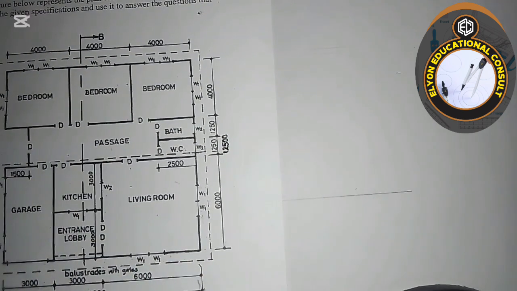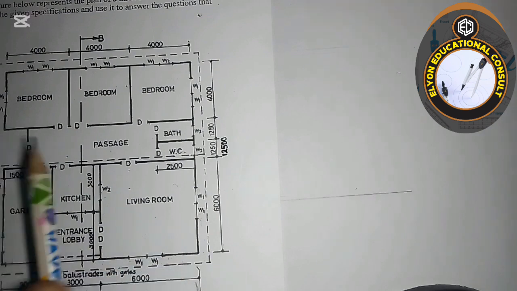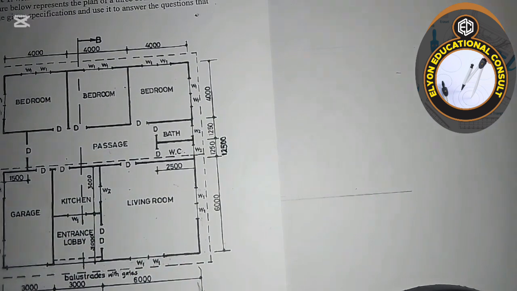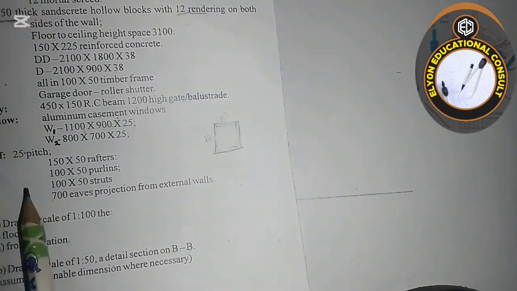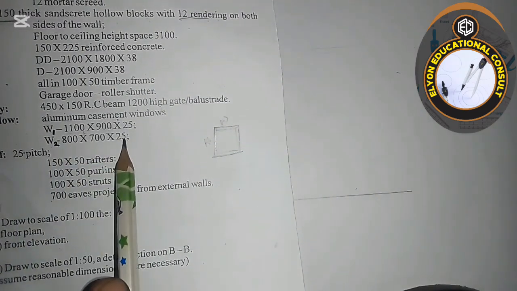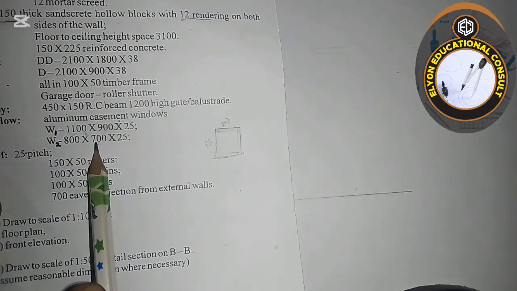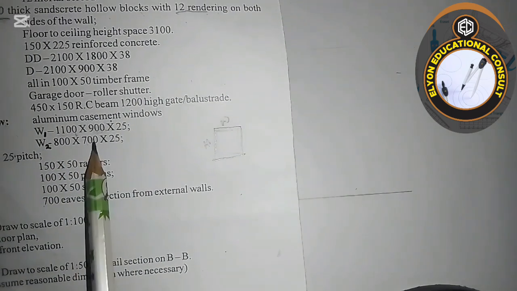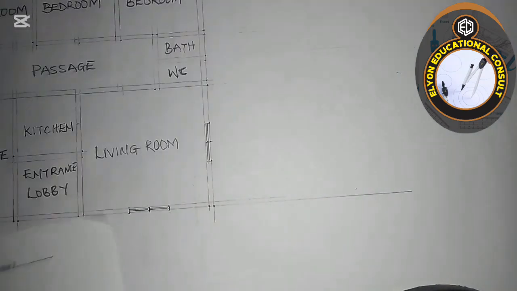That's for W2, and don't forget the specification. If we go to our specification for W2, W2 is 800 by 700 by 25, 800 height with 725 thickness. I hope that is clear. So this is 700.